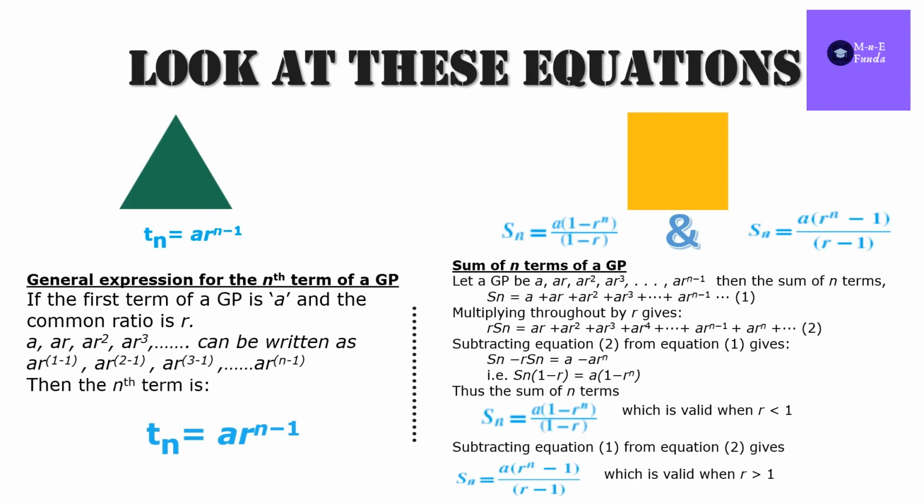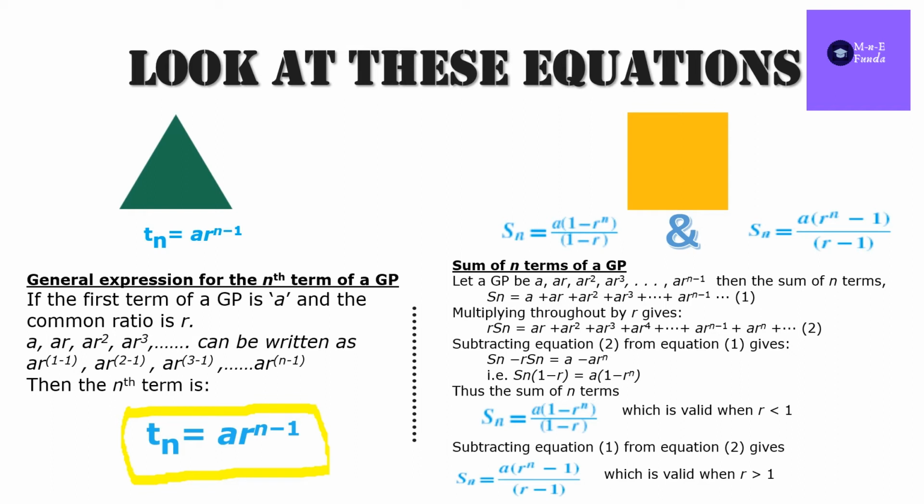So this series can be written like this: the first term will be AR raised to power 1 minus 1, second term AR to the power 2 minus 1, third term AR to the power 3 minus 1, and for the nth term it will be AR to the power n minus 1. So the nth term will be AR to the power n minus 1.